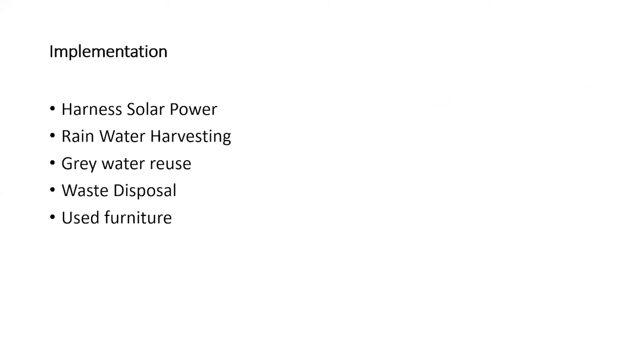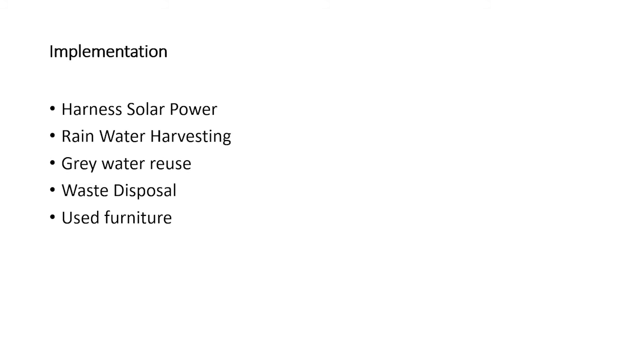When you're building a house, you can always have sumps so that you can store water when it is raining and then use it over the year. I have a friend of mine who doesn't use any outside water. He stores the rainwater, 3 months of rain in Bangalore, and uses it for the 9 months of the year. So he doesn't use any water from outside.